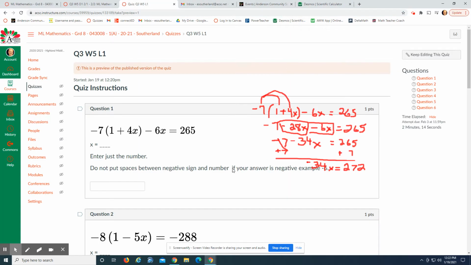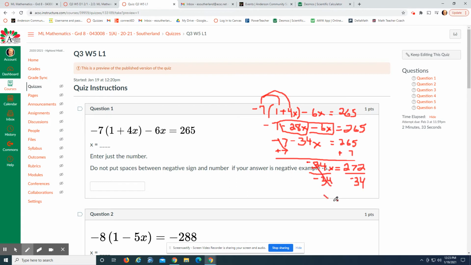The last step is to divide both sides by -34 so we can get x by itself. We do that to both sides. I would just use Desmos for this.